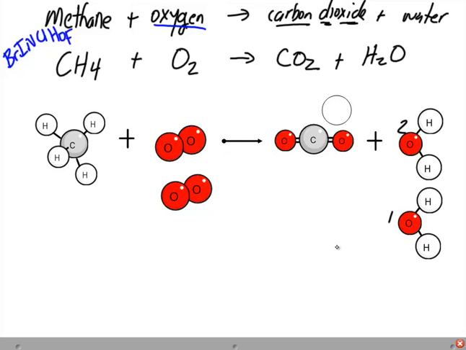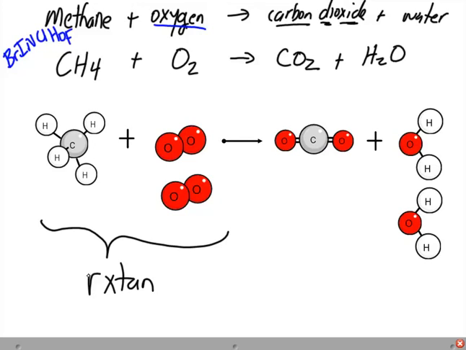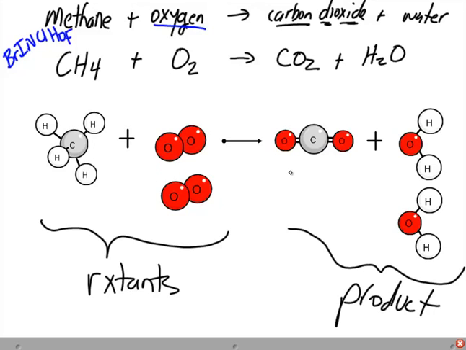Now I'm going to erase all of this. Here, if we just look at it in terms of what's on the reactants, remember these are all the reactants, and these are all the products. They need to be the same. Mass in equals mass out. So let's count them now. We have 1 carbon, we have 1 carbon. That's balanced.